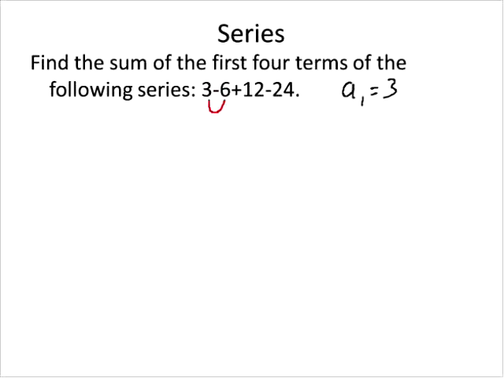It looks to me like when I multiply it here, 3 times 2 would get me a 6. Well, and we need to make it a negative, so 3 times negative 2 would get me a negative 6. Negative 6 times a negative 2 would get me a positive 12. Positive 12 times a negative 2 would get me a negative 24. So it looks like my common difference, my common ratio is negative 2.